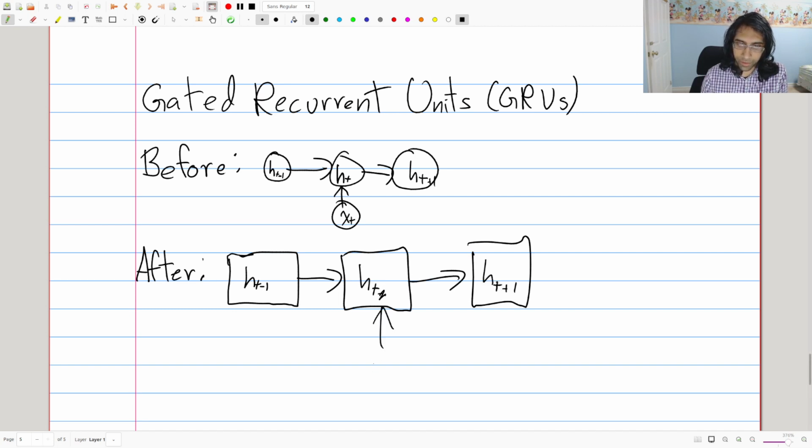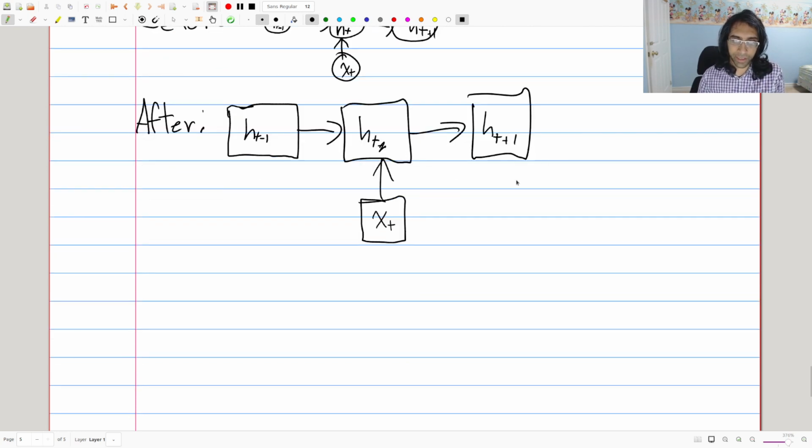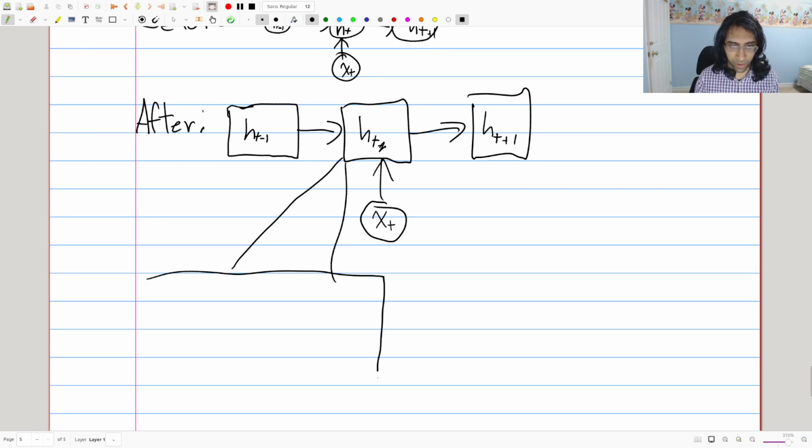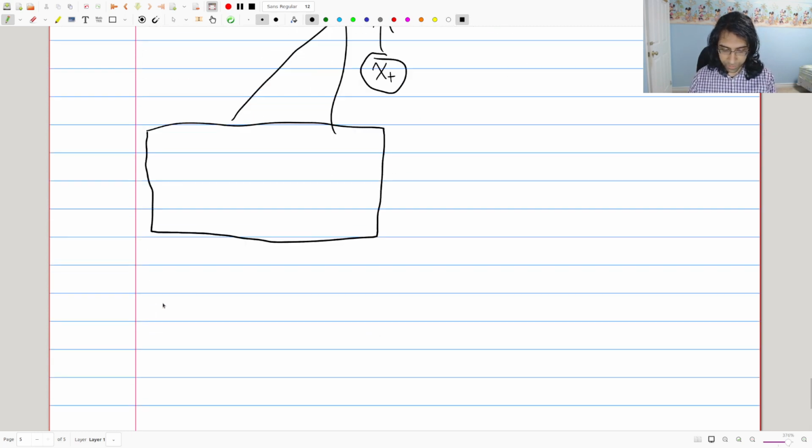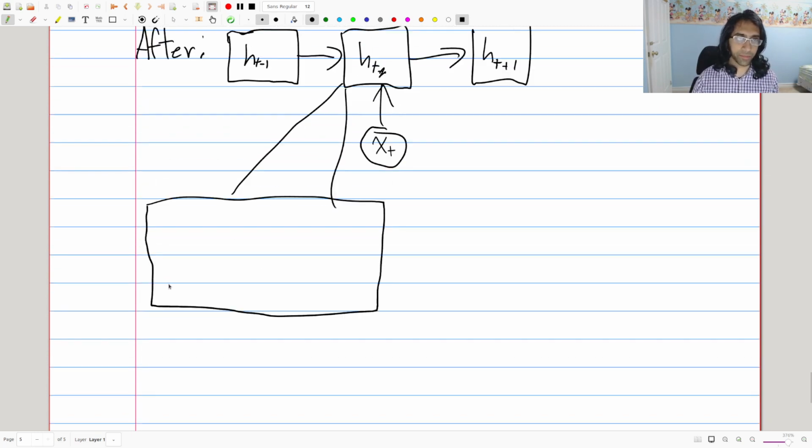And then over here, this takes an input x sub t. These are going to be bigger boxes, and to be consistent, let me just draw this as a circle because nothing changes about the x, that's just an input. But the idea is that this is going to be some box. So let's take a look inside this box and what it looks like. It's going to look something like this.